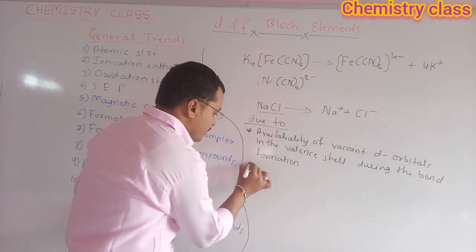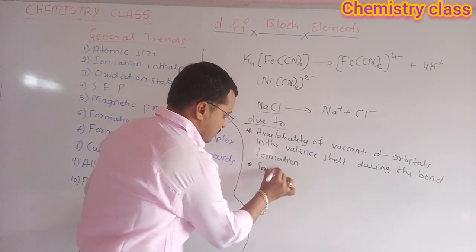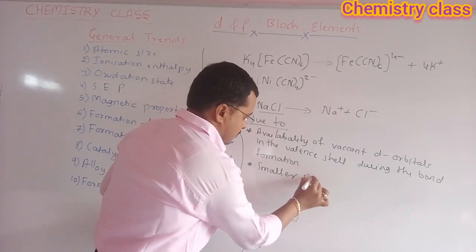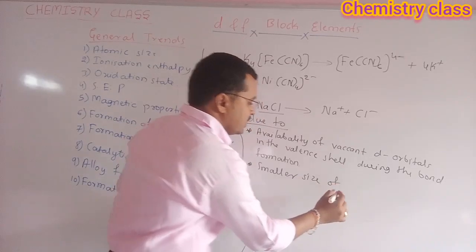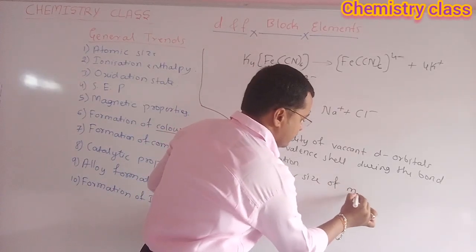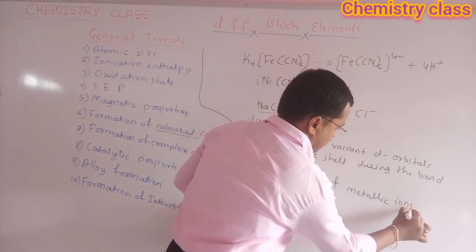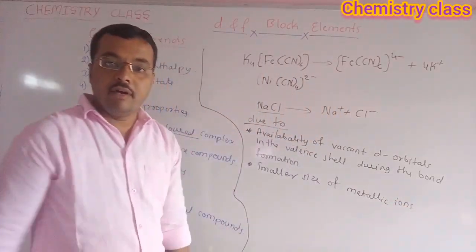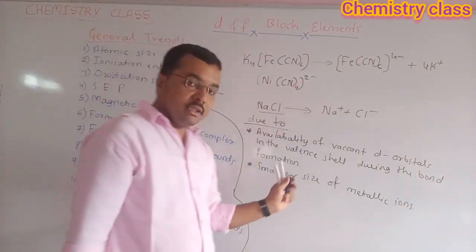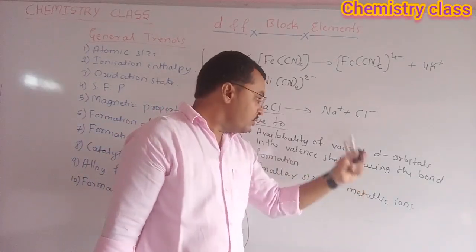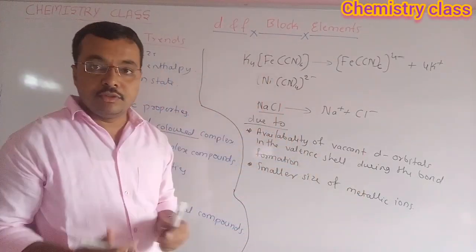And another one, smaller size of metallic ions. This is also one of the reasons. Due to these reasons, the complex compounds will be formed.